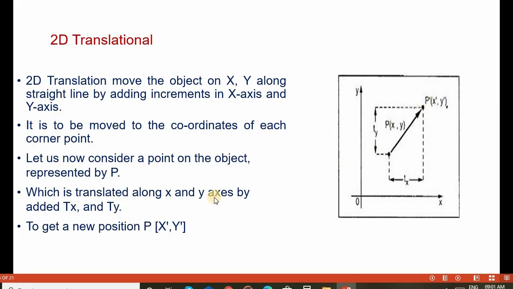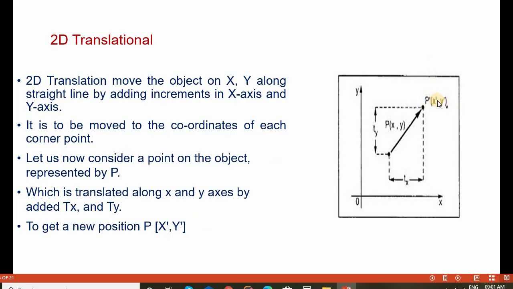The original point has been translated from the point P to the point P dash. How can we translate? By adding tx and ty to the corresponding x and y coordinates, we get the new coordinate position x dash, y dash.